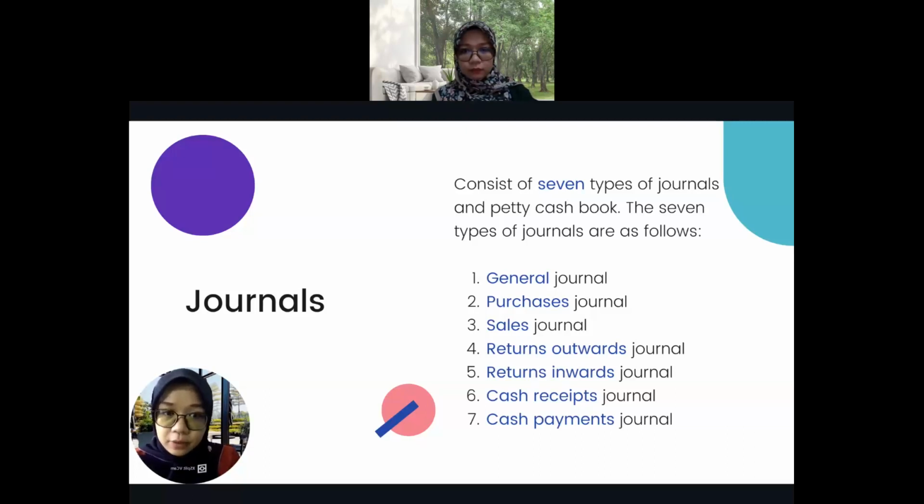And the 7 types of journal are general journal, purchase journal, sales journal, return outwards journal, return inwards journal, cash receipt journal, and also cash payments journal. Okay, you have to sort of just remember lah, ingat sekali lalu macam tu. Kita ada 7 types of journal ataupun also known as books of prime entry. Okay.